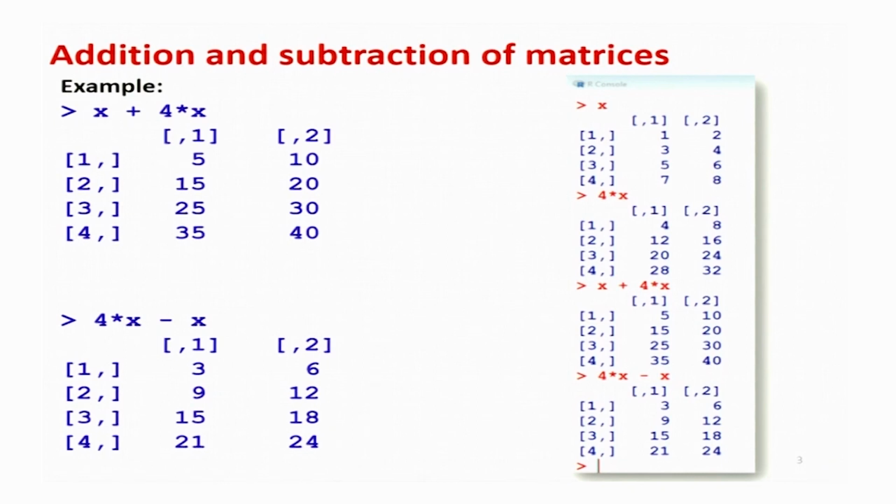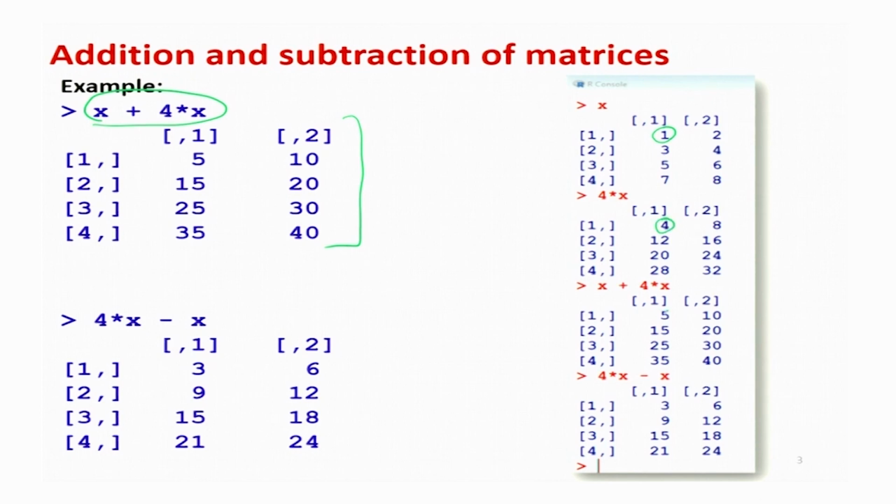If you add x and 4x, you get this outcome, and the same rule has been applied, that the corresponding elements at respective places are added together. For example, the element at the first row and first column in the two matrices x and 4x respectively are added.